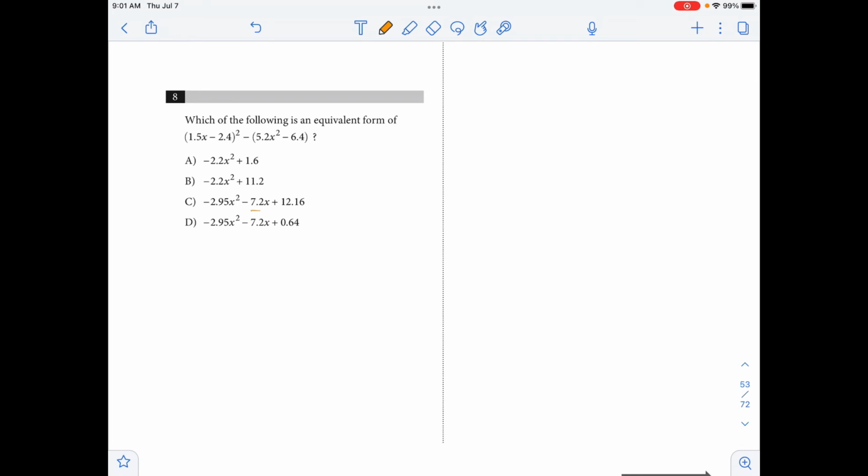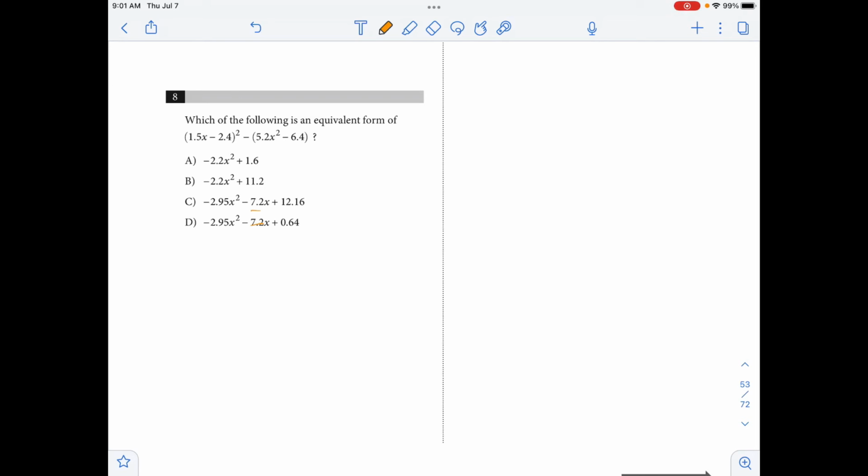They have a middle x term here, which is going to happen when you square these. Then basically, it's just a matter of working this out. And you can use a calculator for this one.